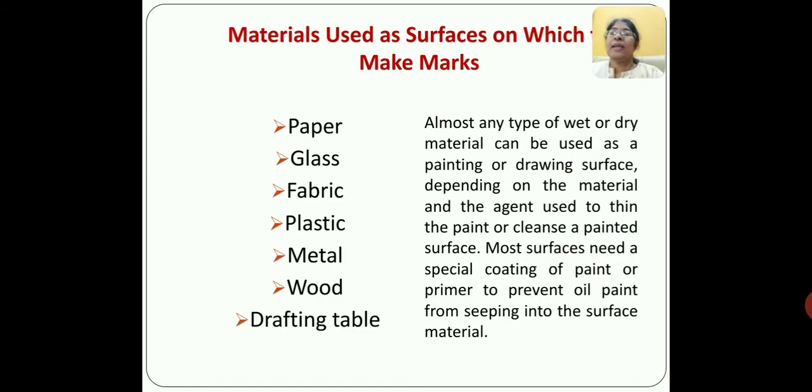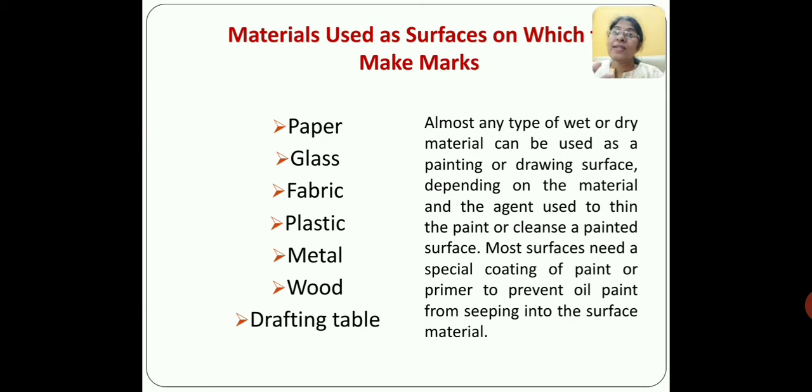Now we can see materials used on surfaces on which the mark is made. So by using all the other media, that is dry paints, wet paints, and the tools used, those media are used on the surfaces. You need a surface where you want to paint.